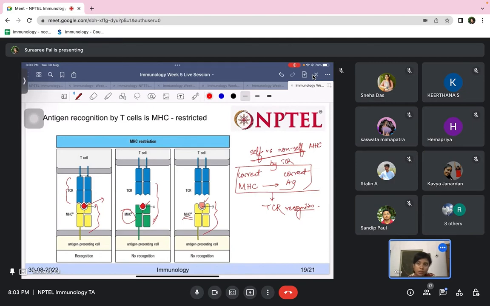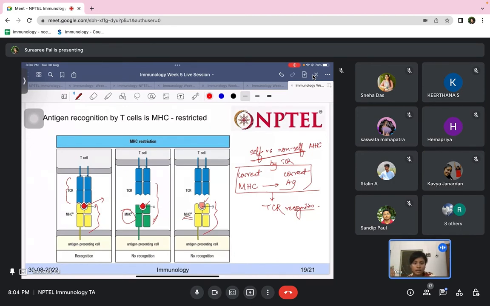So if an organ or tissue transplantation has to be done, then what happens? You are taking this tissue from another individual, and this tissue will have MHC molecules.